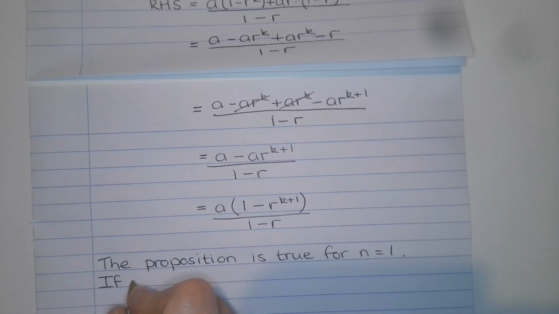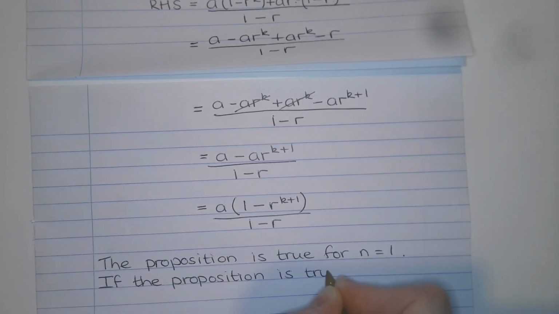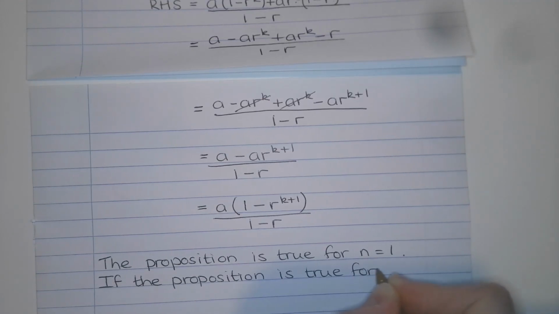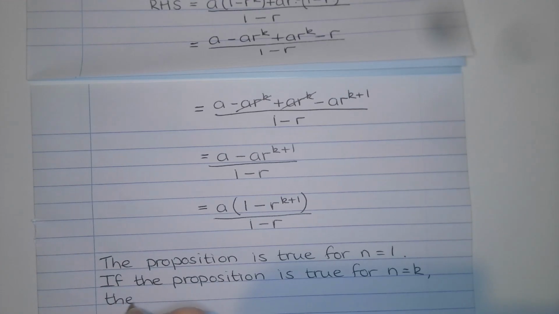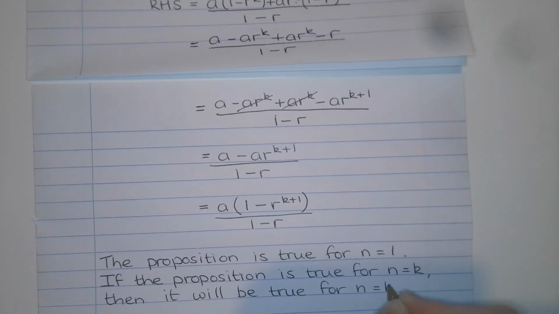If our assumption is correct, the proposition is true for n equals k, then it will also be true for n equals k plus 1.